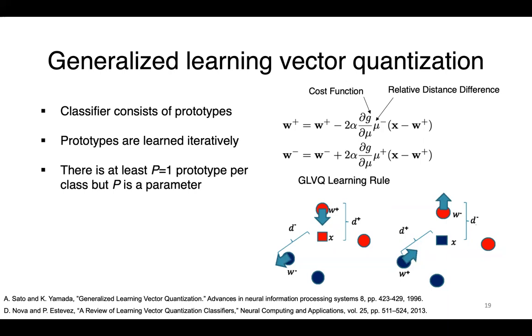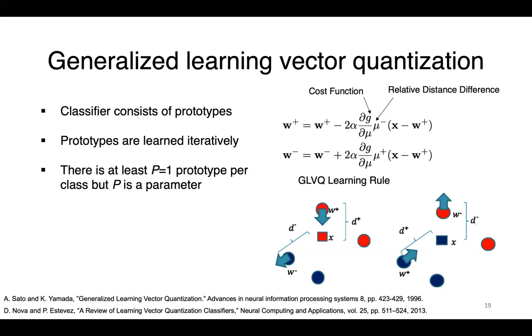We typically use squared Euclidean distance as the distance metric for GLVQ, which is closely tied to the dot product commonly used in HDC. On the bottom right is a diagram that visualizes how the GLVQ learning rule updates W plus and W minus with attractive and repulsive forces from the query vector, respectively.